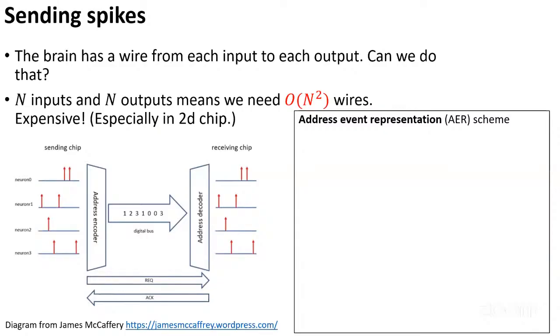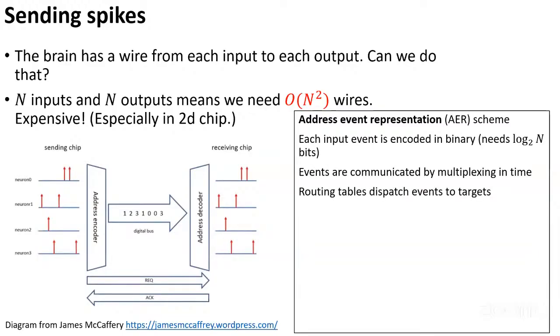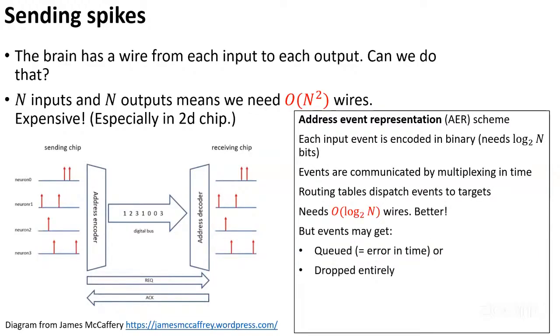We cannot have a connection between each sending neuron and each receiving neuron, so some programming has to be done through address encoders and address decoders. This is managed with some address event representation scheme, but these are just evolving, and this is one of the challenges in neuromorphic computing.